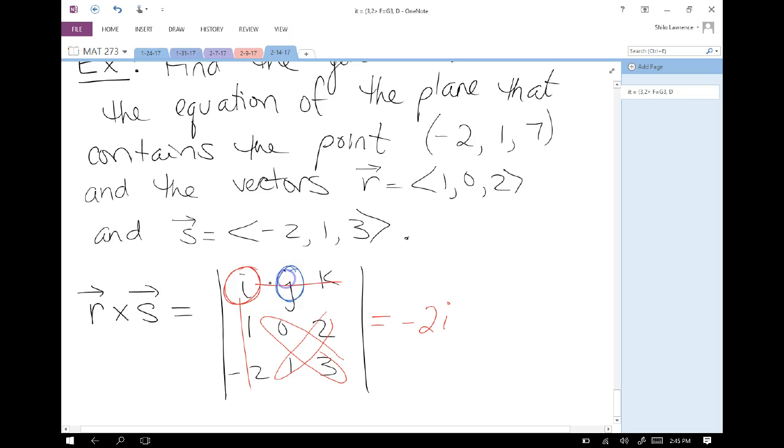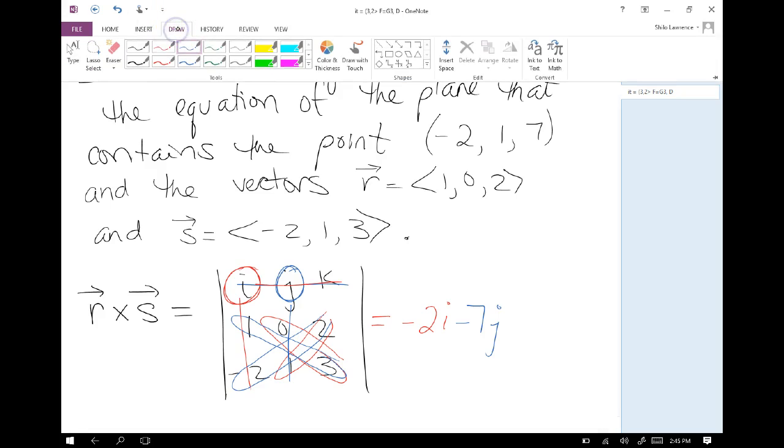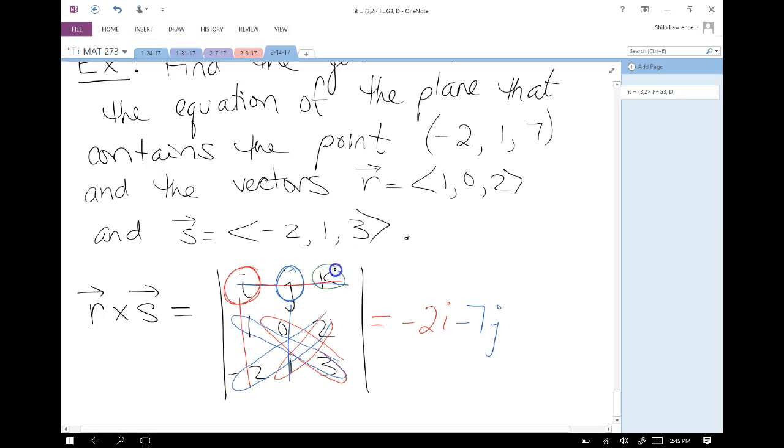For my J's, I'm going to do 3 minus negative 4, which is 3 plus 4, which is 7. And the J's change sign, so this is minus 7J. And then for the K, I've got 1 minus 0, so plus K.